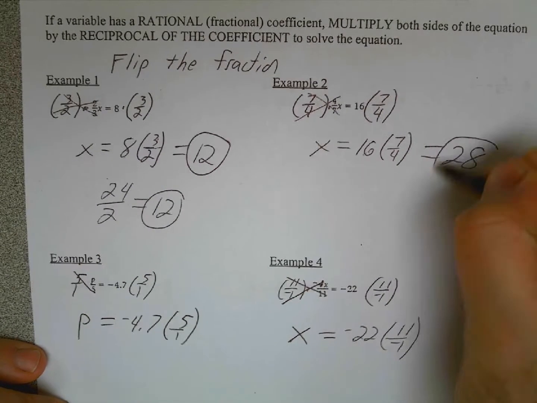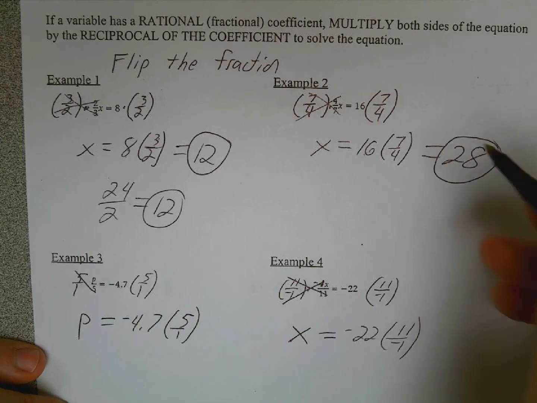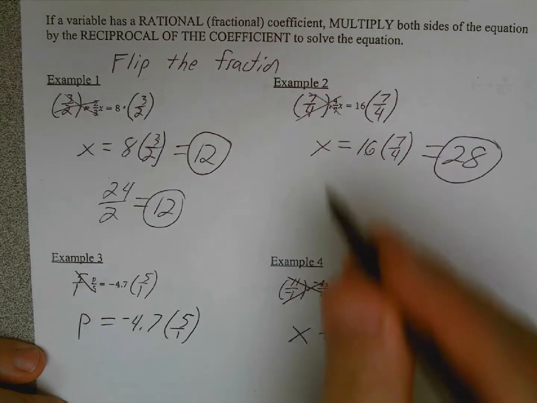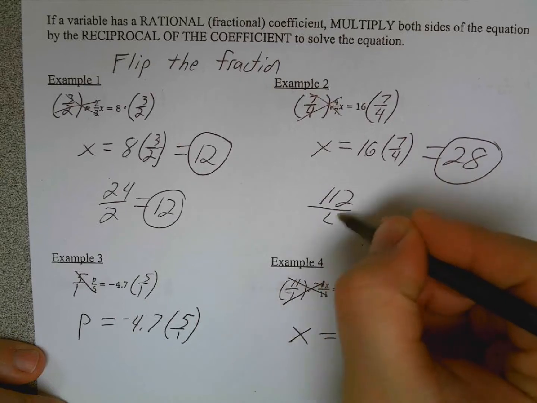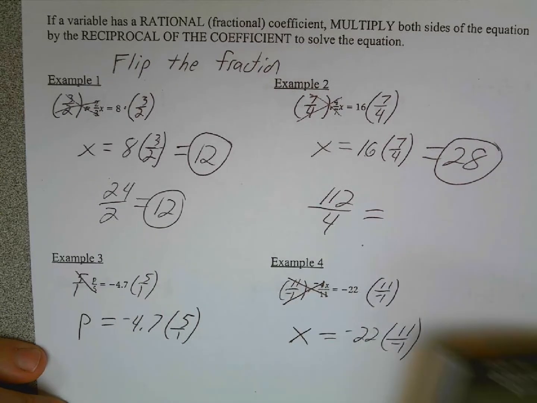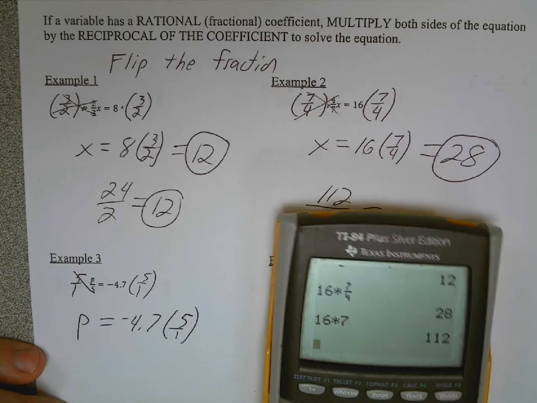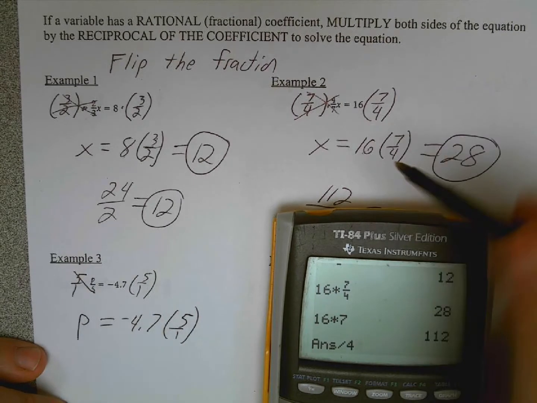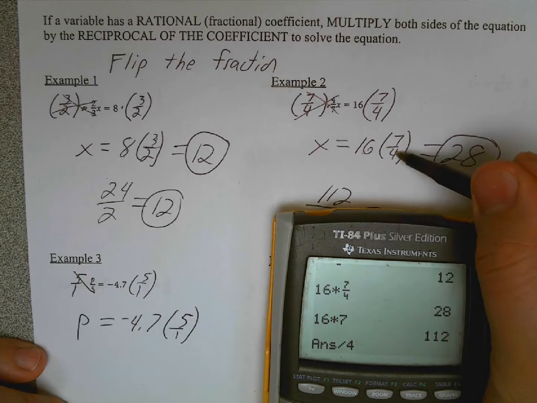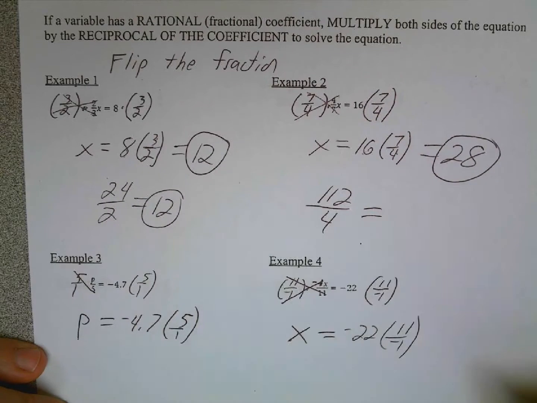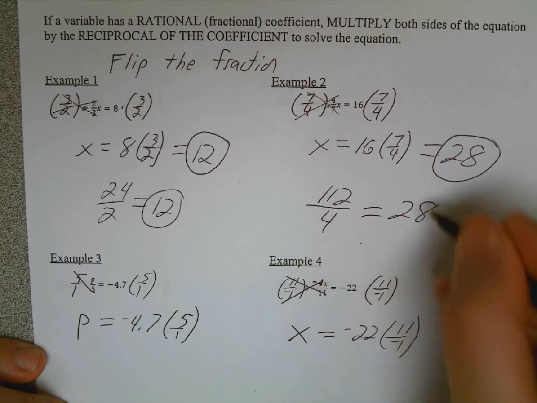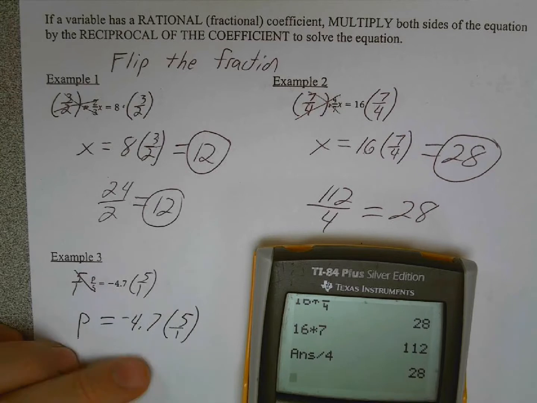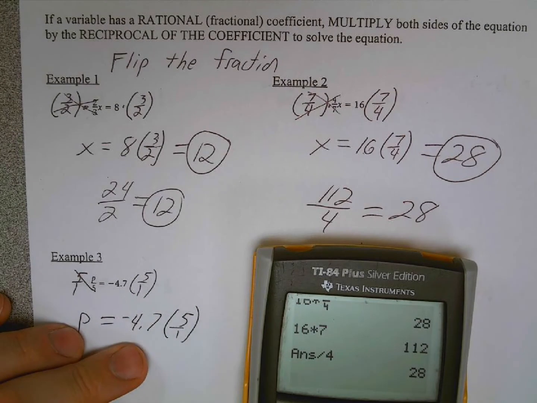So you can use the calculator, or we can go 16 times 7. 16 times 7 is 112 divided by 4. 112 divided by our 4, so 16 times 7 divided by 4, we get also 28. So you can use the alpha y equals, or multiply it all out.